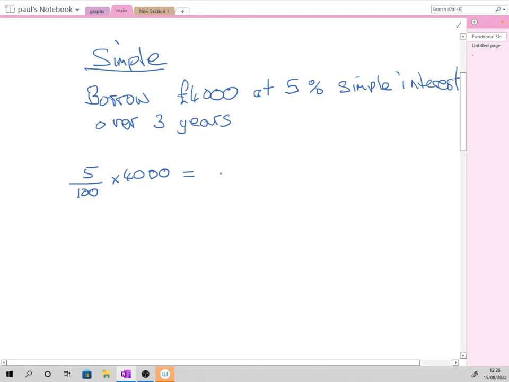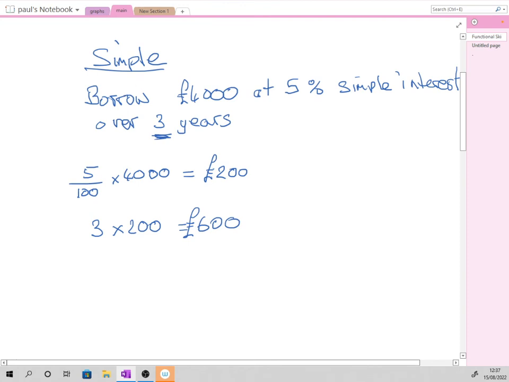And that, as I sort of guessed, is £200. So there's your simple 5% interest of that amount. Then you look at the number of years, and you do 3 years times 200, which is £600. So you will be paying £600 simple interest over the 3 years.